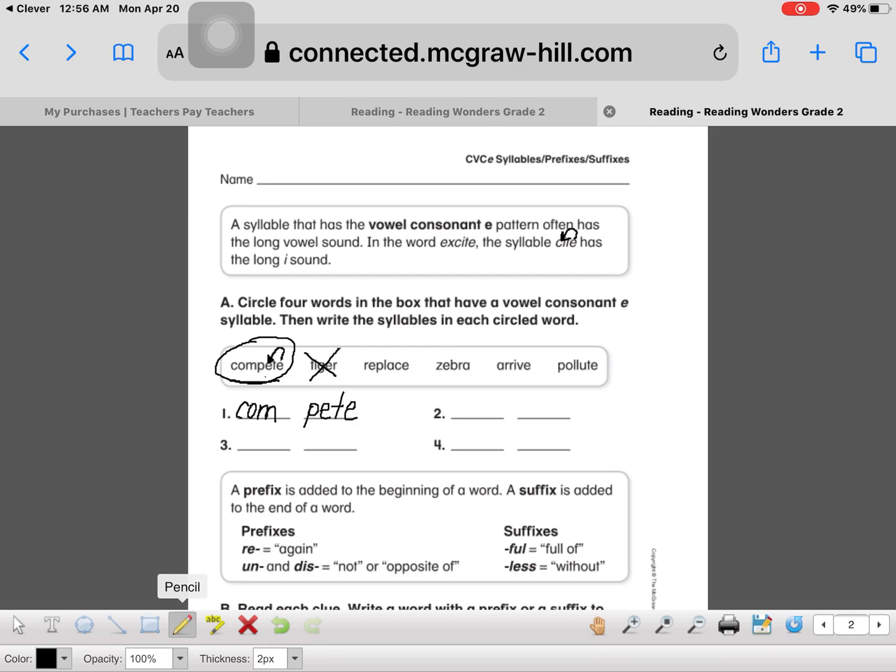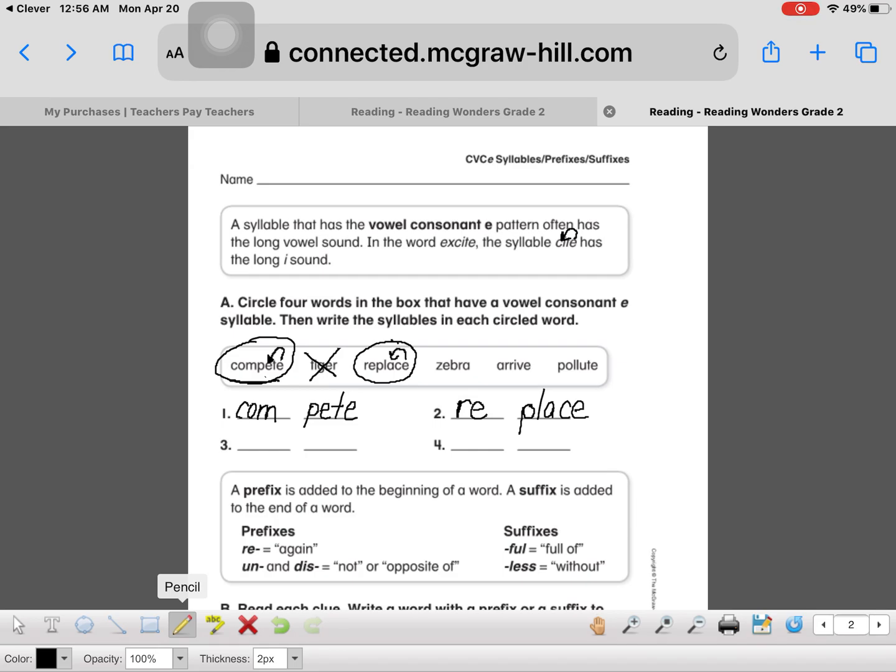I hear the long vowel, A, which means the E is going to tell the A to say A. So this follows the rule. And then we're going to break this word apart. So it's replace. Put your hand underneath your chin, replace. So in the first syllable, we have the prefix re, and then in the second syllable, we have the root word place. Great.